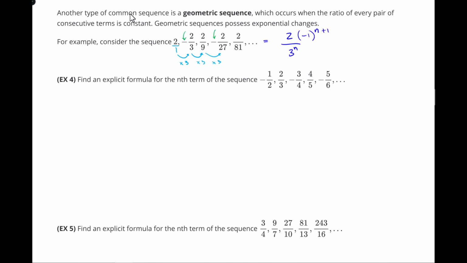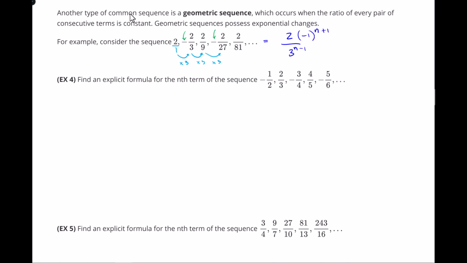We are correct in that this is a multiplicative change in the denominator, but kind of like with the numerator here, I can't start with 3 to the n because 3 to the 0 would be 1, but not when n equals 1. So I need to make an adjustment there as well. So 3 to the n minus 1.